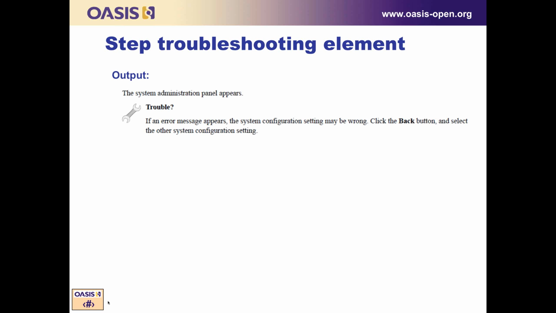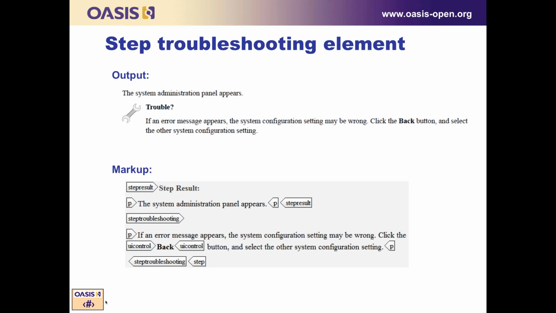This follows the same general pattern as appears in the topic. We've got a condition followed by a cause followed by a remedy. The markup looks like this, and no surprises here. It's pretty much what you would expect it to look like.